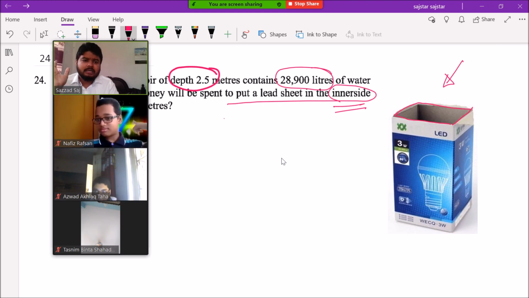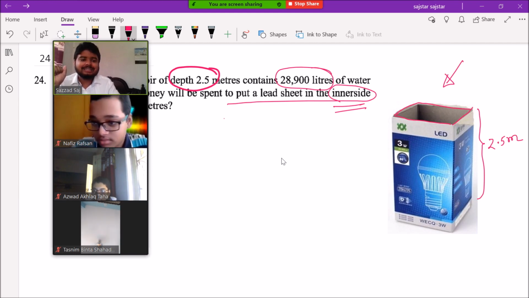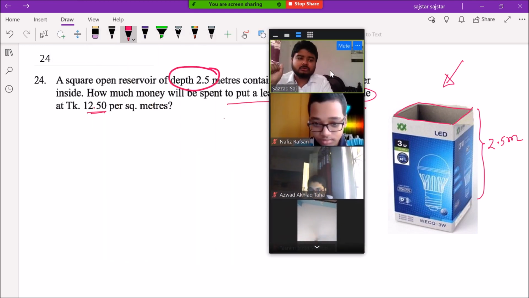And its depth is given. What is the depth here? The depth is given here, from here to here, it is 2.5 meter. And it can contain 28,900 liters of water.